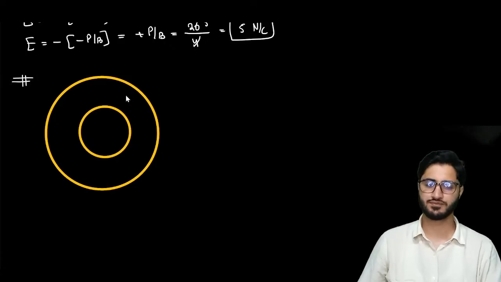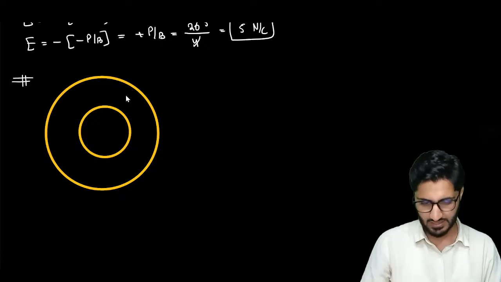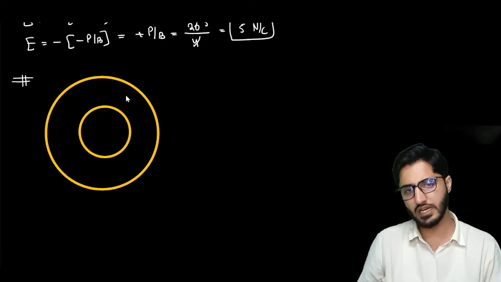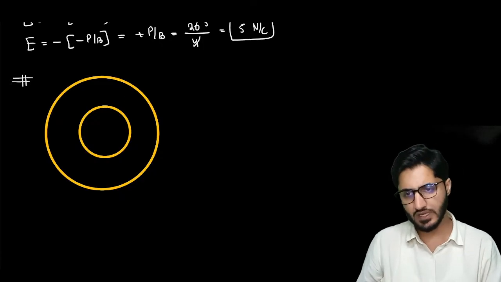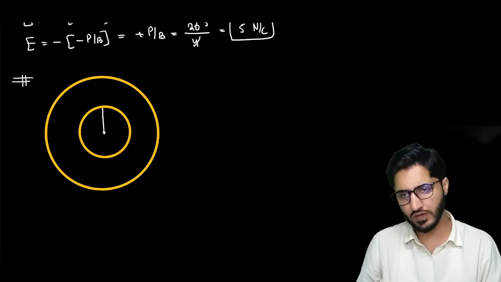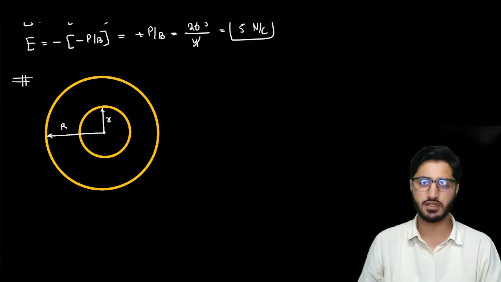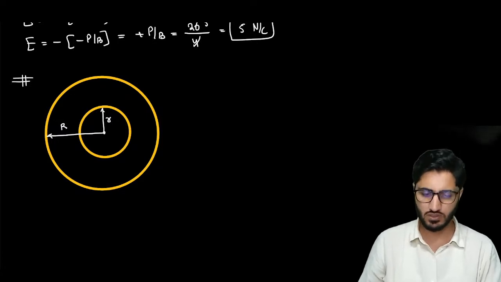Okay, look now. Yes, the radius of the small one is small r, radius of the bigger one is capital R. These white lines represent the radius only. Okay, now look.